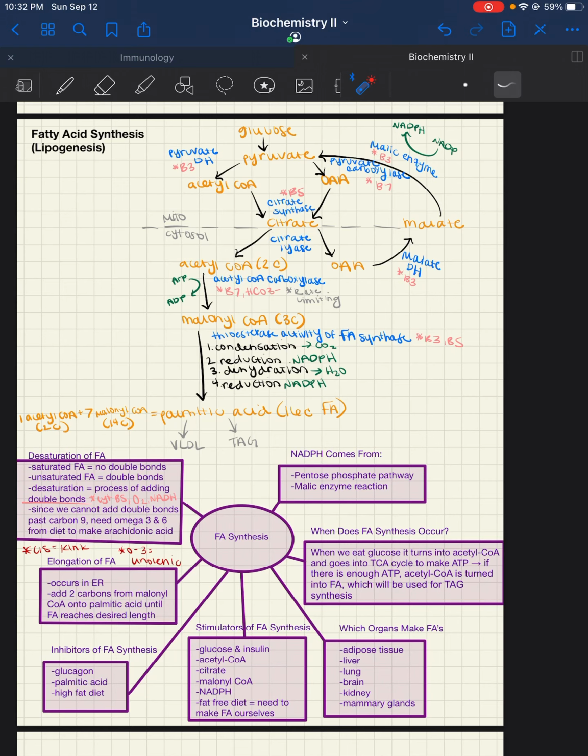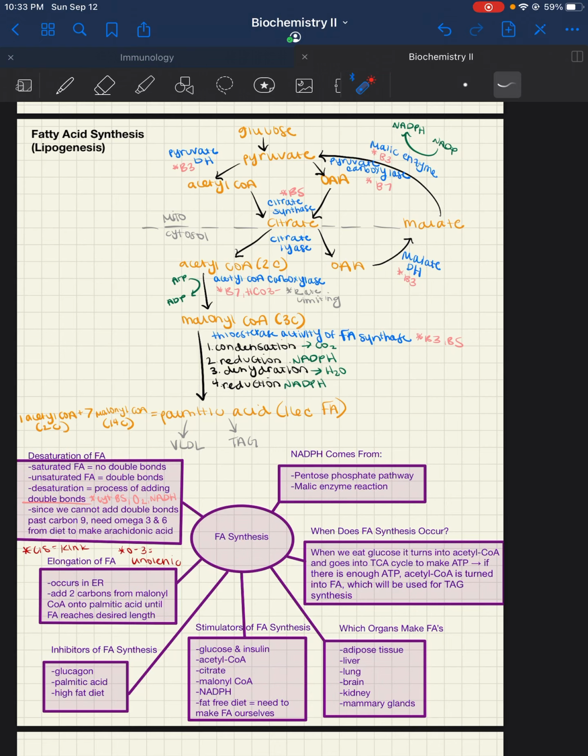So just know one of the places we get NADPH is from the malic enzyme reaction that takes place during fatty acid synthesis. So that's why I wrote it here. NADPH comes from not only the pentose phosphate pathway, but the malic enzyme reaction taking place here.